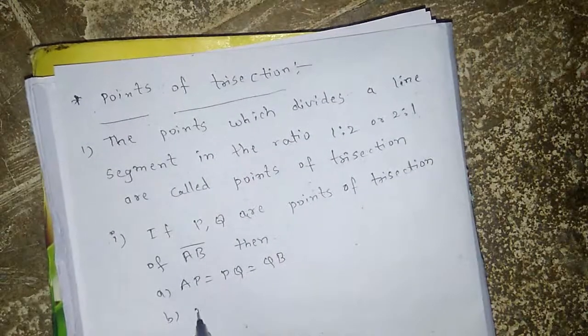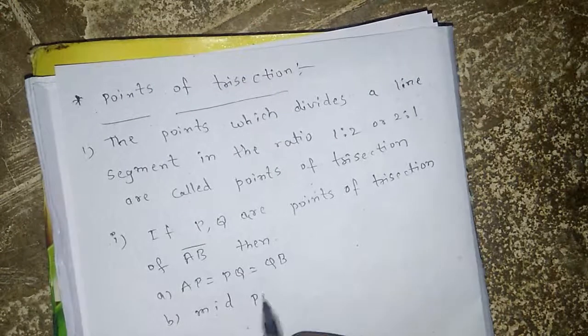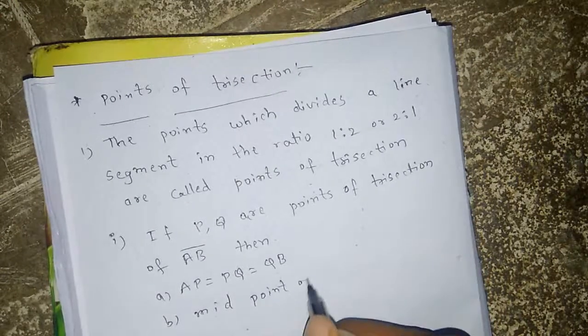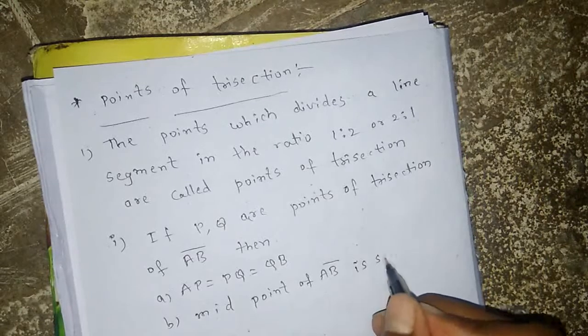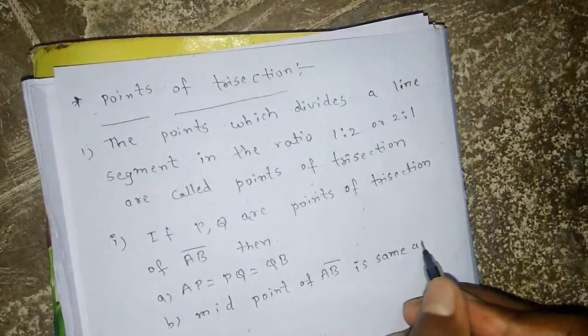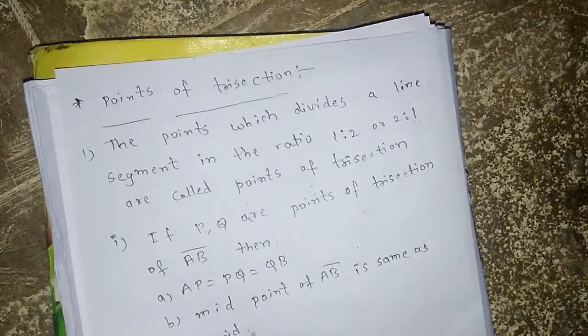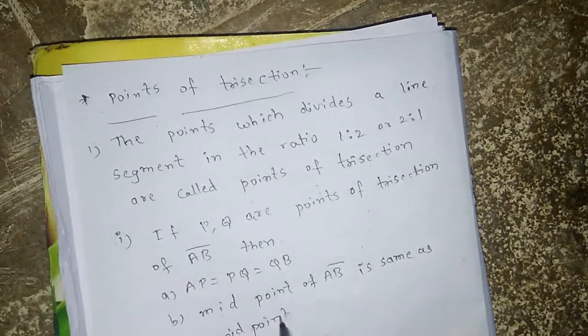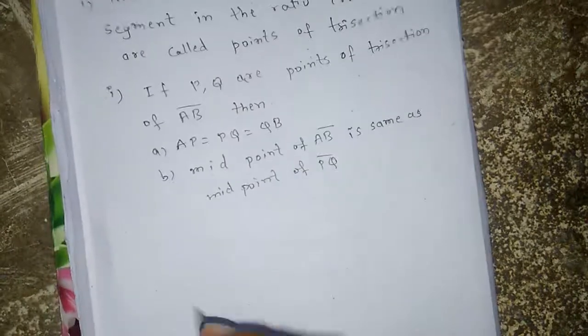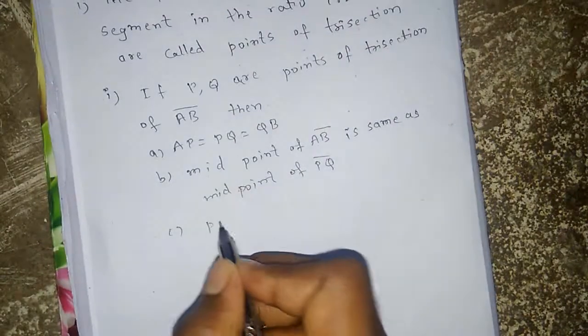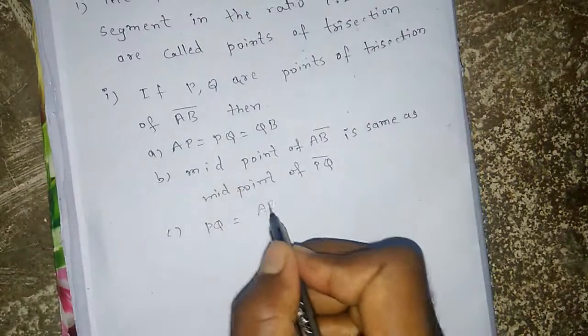Second point, midpoint of AB is the same as midpoint of PQ. Third point, PQ length is equal to AB by 3.